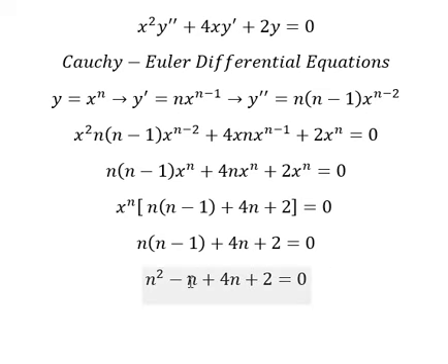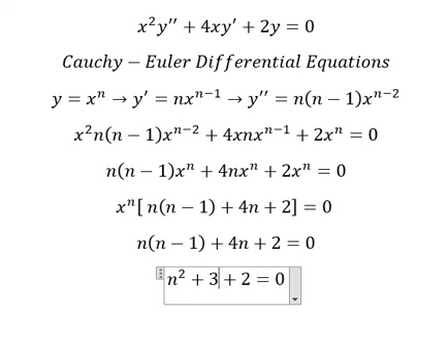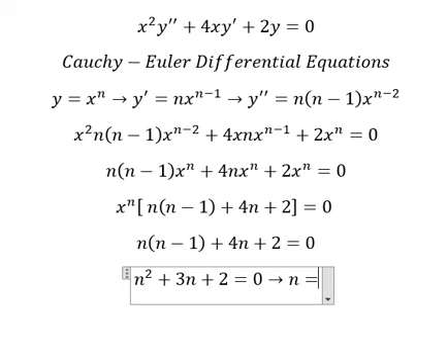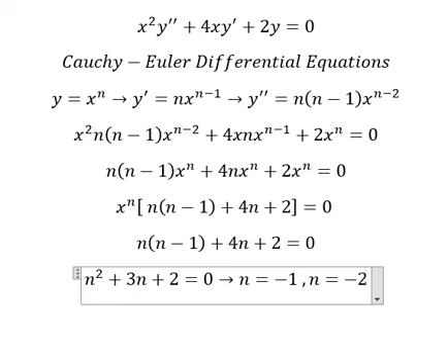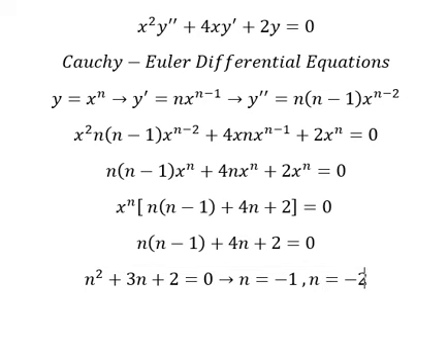So for n minus n we have 3n. And now we need to find the solution of this one, and we have n equals negative 1, n equals negative 2, and now we can find the final answer in here.